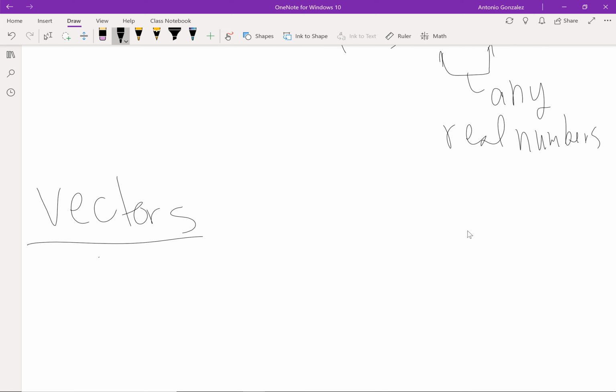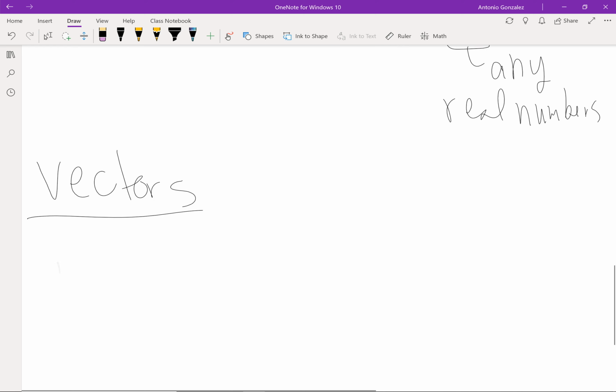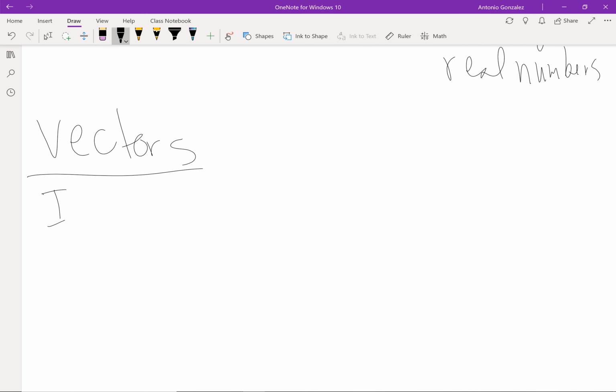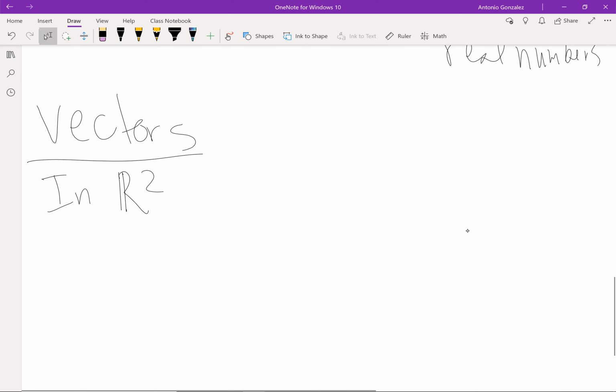Again, remember in R2, vector V had 2 components, V1, V2. And the vector is something that has magnitude and direction, and the same thing in R3.